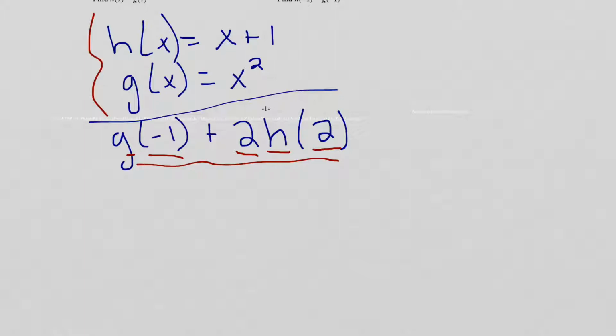So g of -1, actually, let's start this a different way. G of -1, well, g does x squared, so -1 squared goes there, plus 2 times whatever h of x is. Well, h of x is x plus 1, and we're supposed to put the number 2 into h of x.